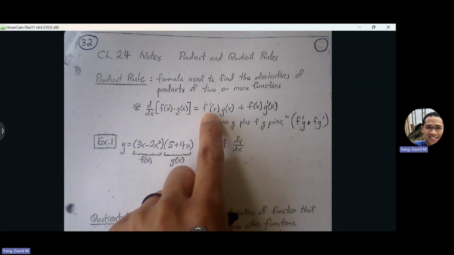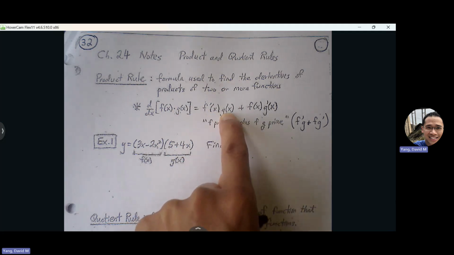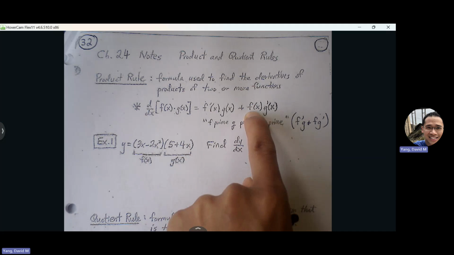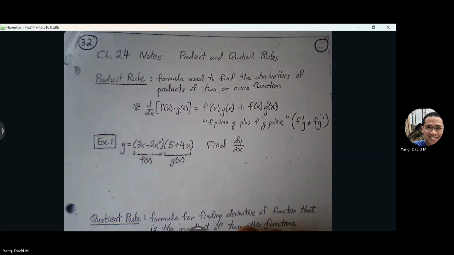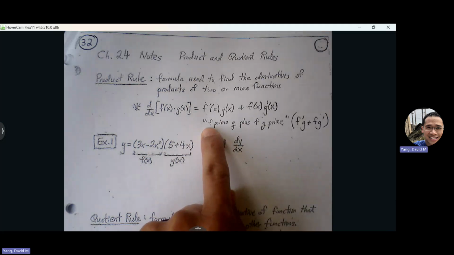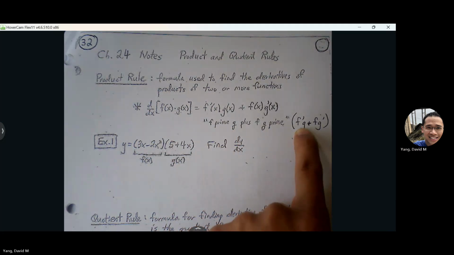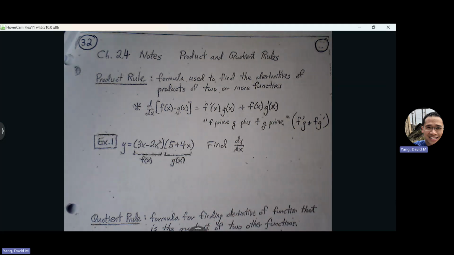It's the first function's derivative times the second original function, plus the original first function times the second derivative. So we say f prime g plus f g prime. F prime means derivative, and f would just be the original function.